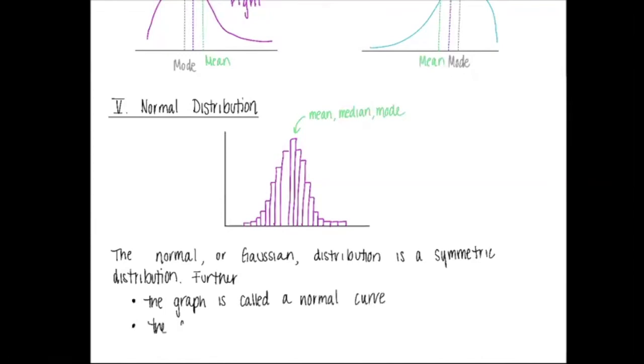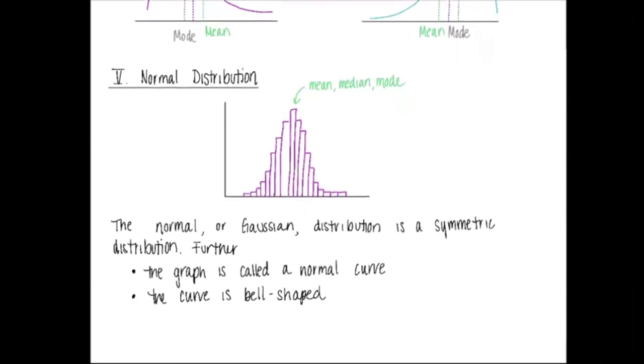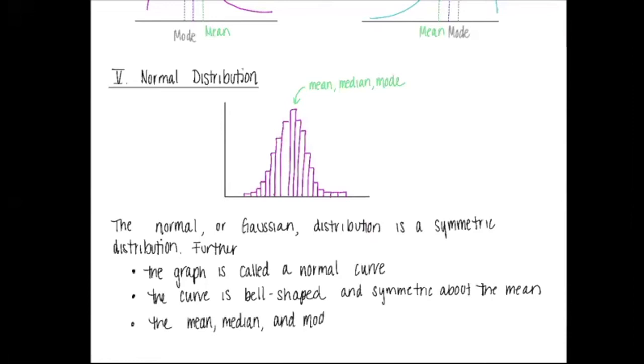The curve is bell shaped and symmetric about the mean. And the mean, median, and mode all have the same value and occur at the center.